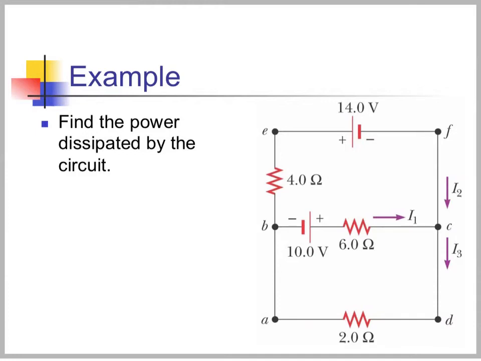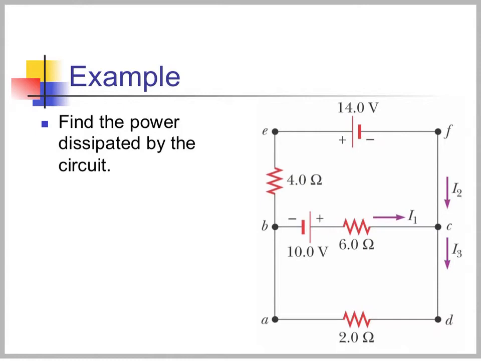So we already have our circuit drawn. We know what the resistance of each circuit is. We know where the batteries are, and so we choose some directions. So in this case, we've chosen I1 to be in this direction because I've got a positive battery here. It sort of makes sense that it would go in this direction. It might be wrong depending on the rest of the circuit, but it makes sense.